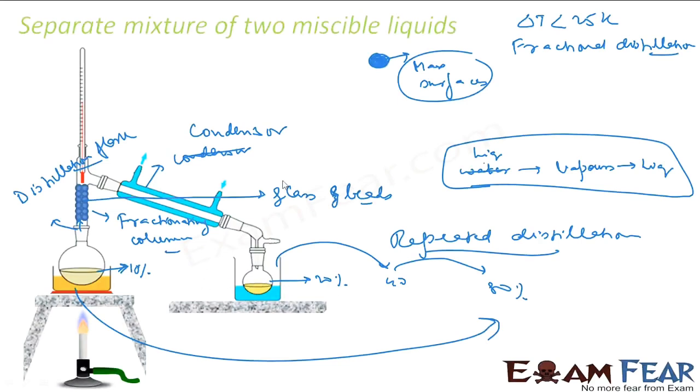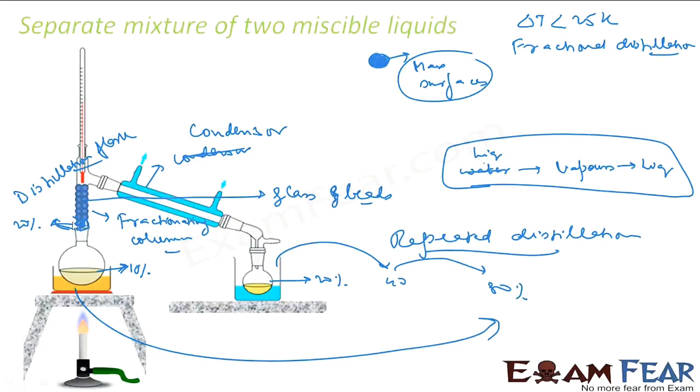But let's suppose this is the 10% pure substance, and you're doing it for the first time. At this stage, if you don't have the beads, you get, let's suppose, 20% pure, and this 20% pure substance will flow and come here. But if you put the beads here, at 20% pure itself it will get the surface area, cool down, and again boil and convert to vapors.